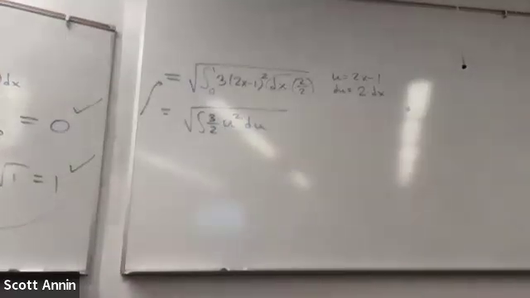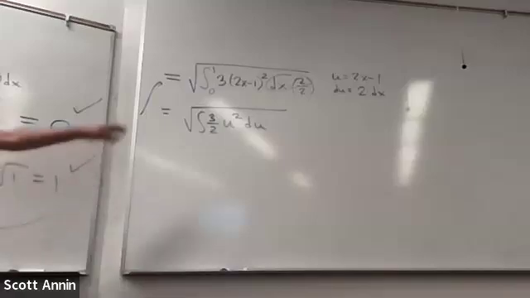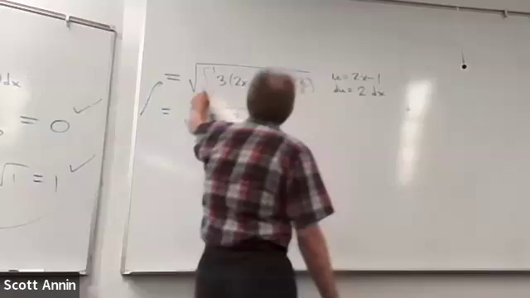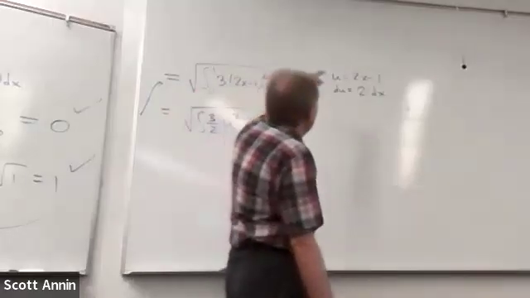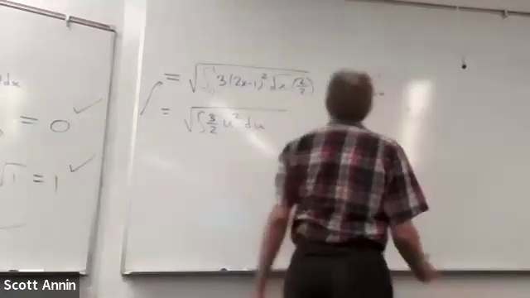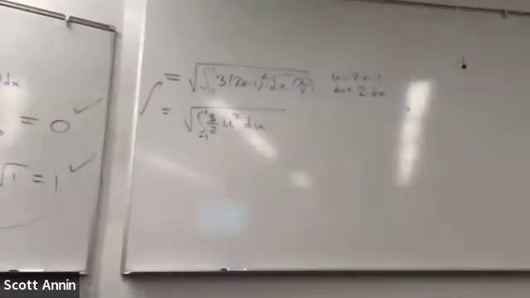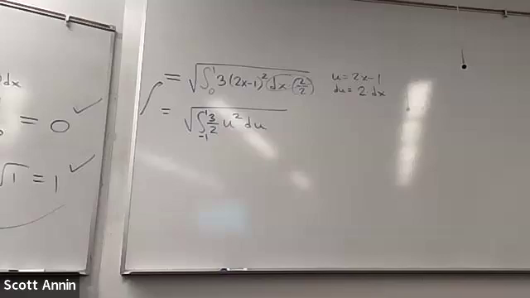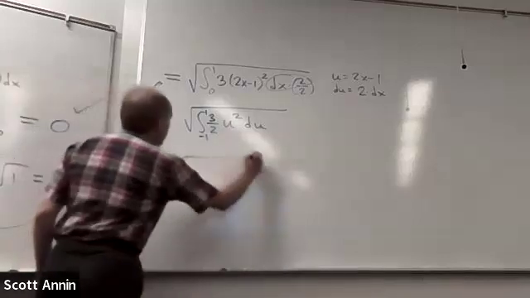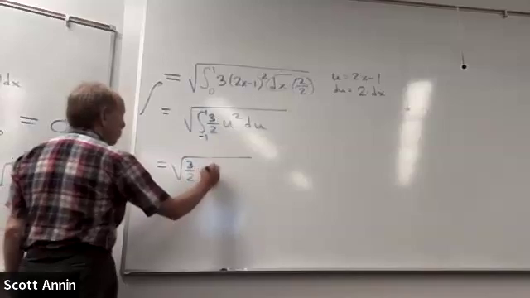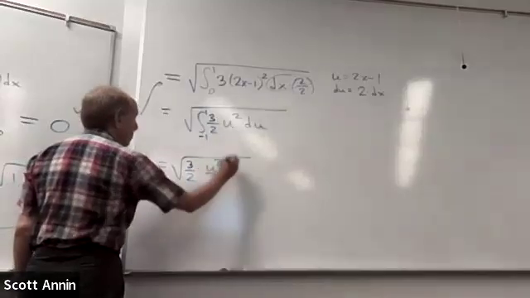Oh, it's a good refresher from calculus. Don't forget that when you do this, you also have to change the limits of integration. So if x was going from 0 to 1, now u will be going from -1 to 1. So we have to get those limits correct. And so we have new limits of integration. I'll pull the 3/2 out. When I integrate u squared, I get u cubed over 3.